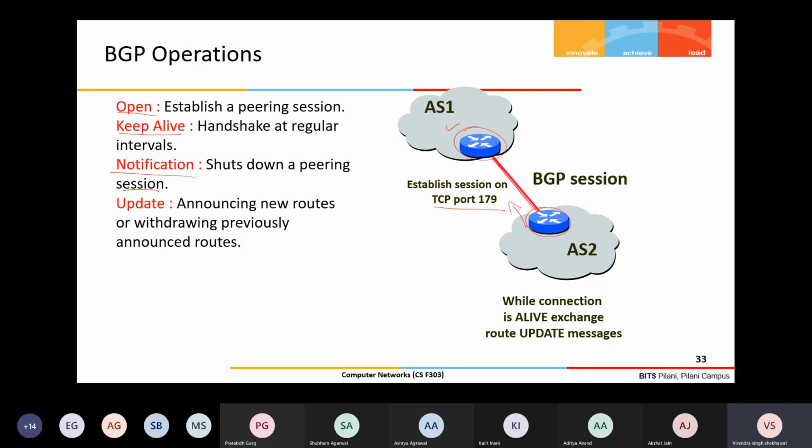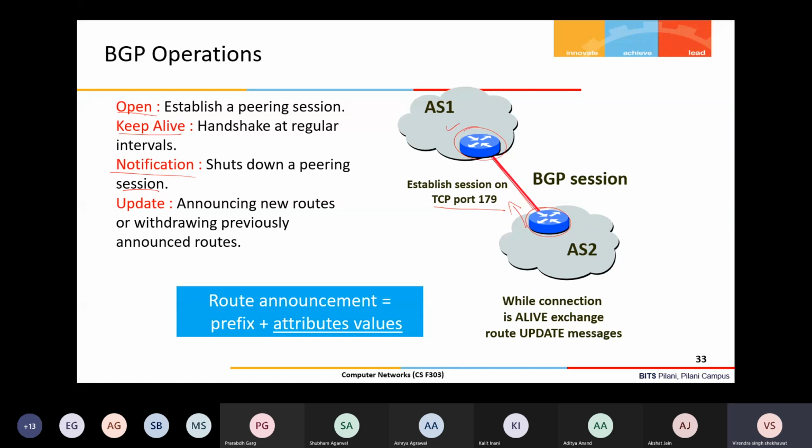So this route announcement consists of the prefix and the attribute values. The prefix is something like 120/12, 20.10/20, suppose 23, something like that. Okay, so this is a network prefix.